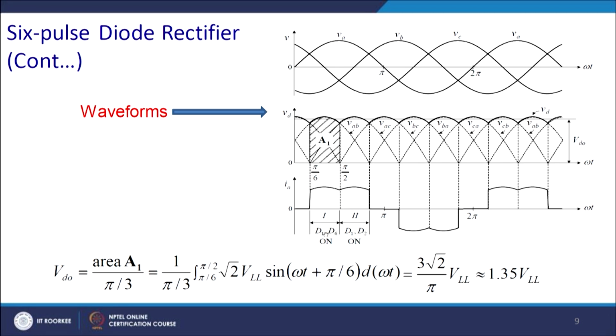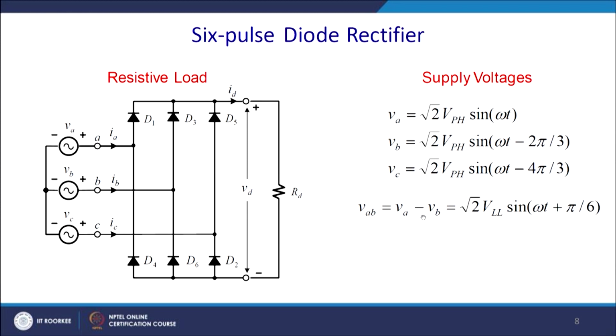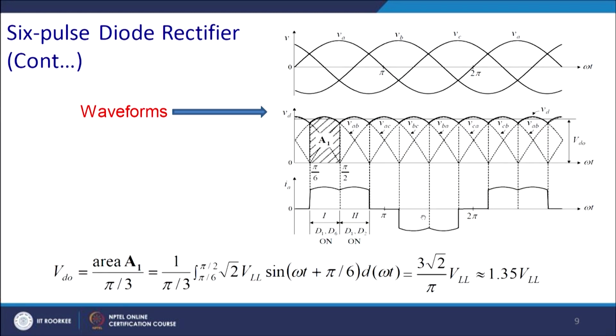Here D1 D6 conduct and here D1 D2 conduct. So, the output voltage due to these diodes will have 3 such areas. So, area A1 by pi by 3, you have to integrate, since this area is basically the AB voltage.